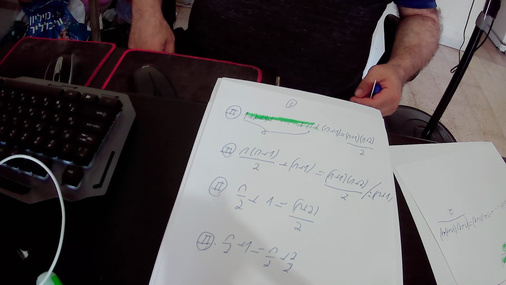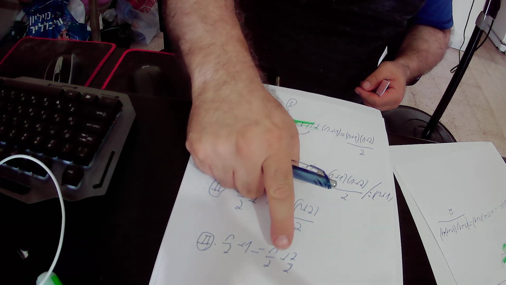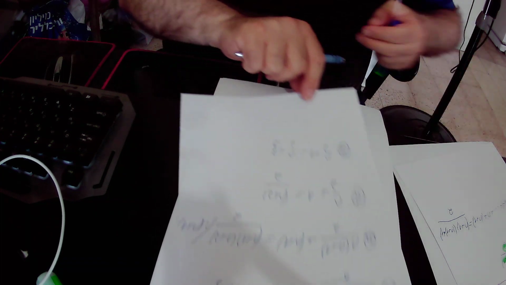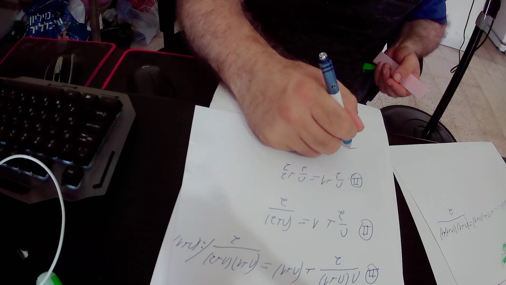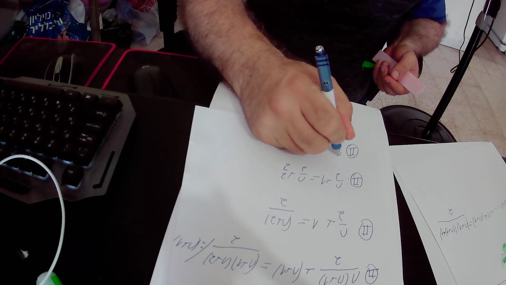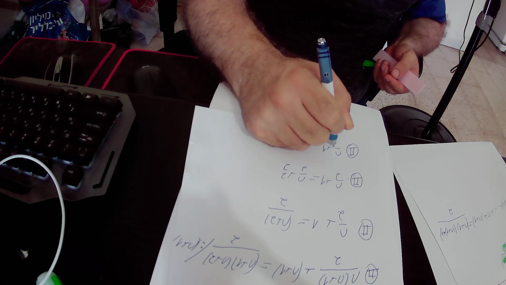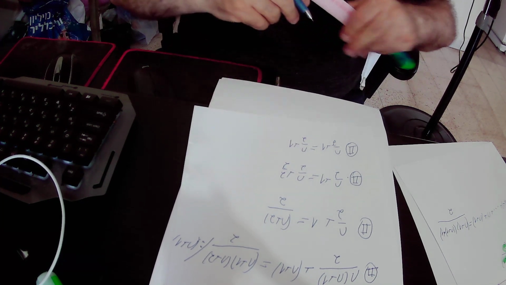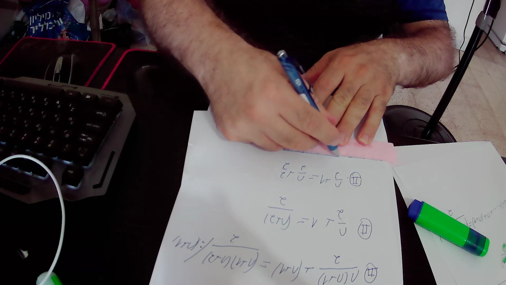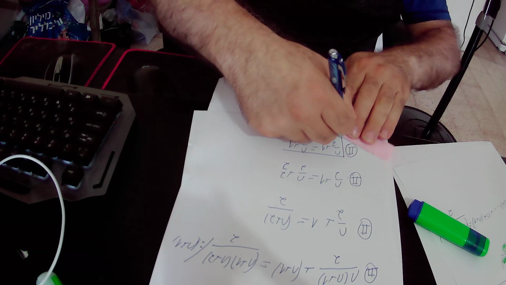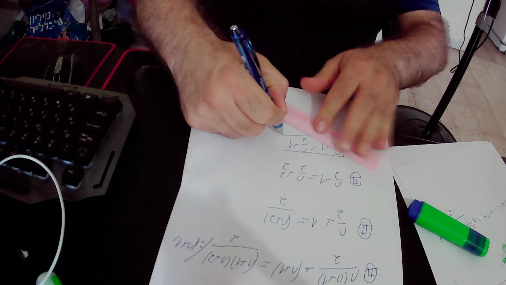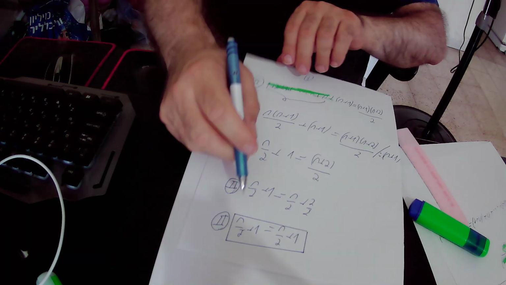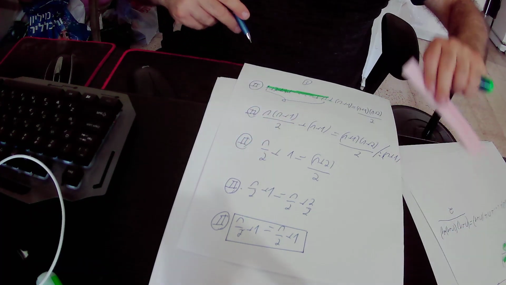And 2 divided by 2 here is 1. So we have here an identity: n divided by 2 plus 1 equals n divided by 2 plus 1.